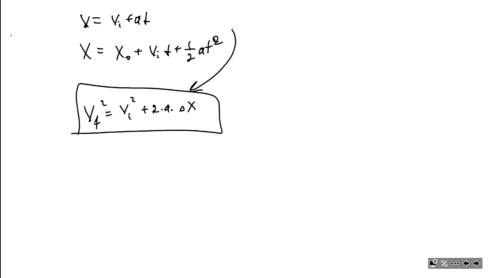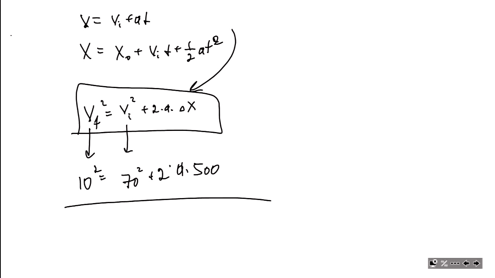And in this equation, if we use our numbers, this is 10. This is 70. Well, this is a 2. This is acceleration, but that was 500. And this equation, of course, can be immediately solved for the acceleration.